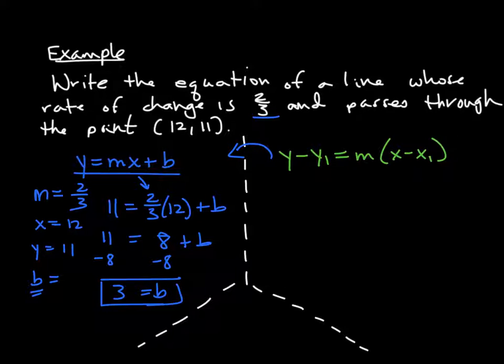Now, what we need to note is that the x and y that I'm boxing up here are coordinate pairs. These are points. In the final equation, I will need the y and the x to stay in the problem as x and y, because if I put 12 and 11 in, I no longer have an equation. Lines have a bunch of points that continually change as I move along the line.